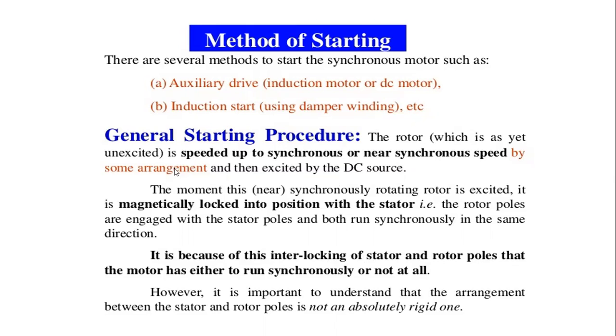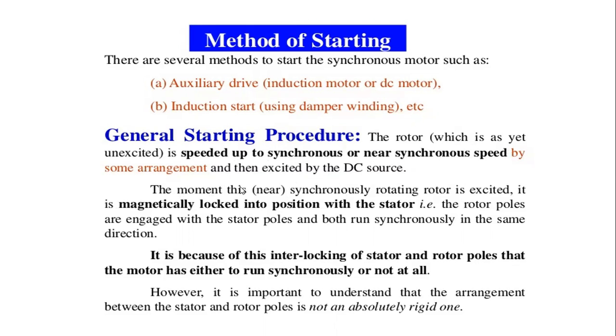First, the rotor, which is unexcited, is speeded up to synchronism or near the synchronous speed by some arrangement and then excited by the DC source. In this case, the rotor is excited by a separate DC source.